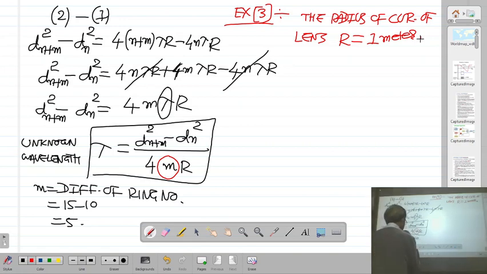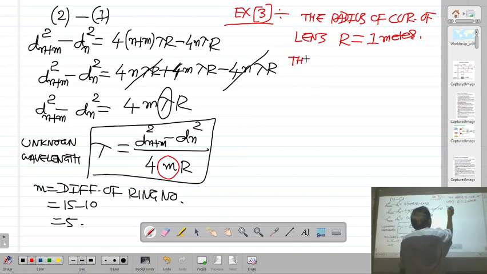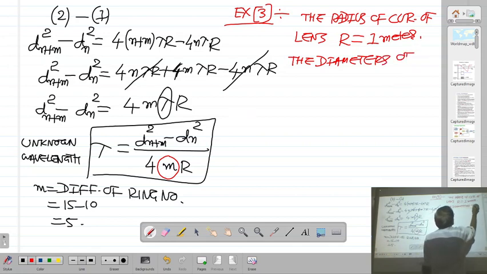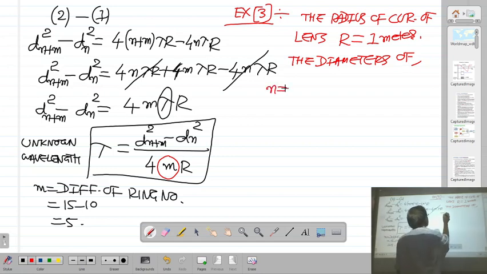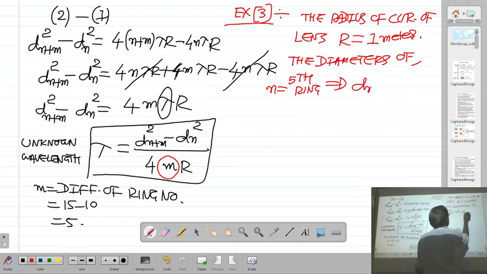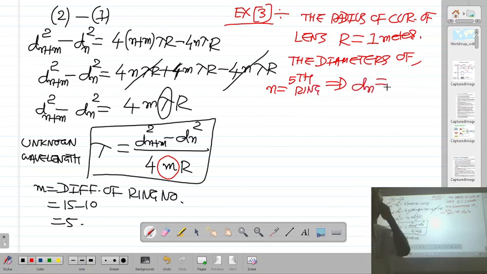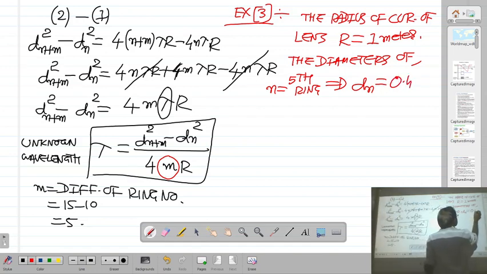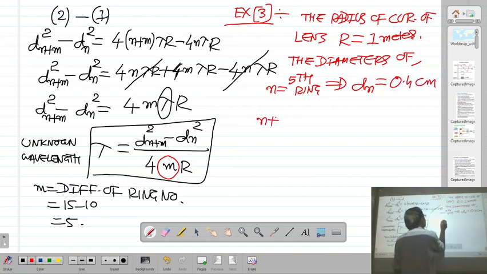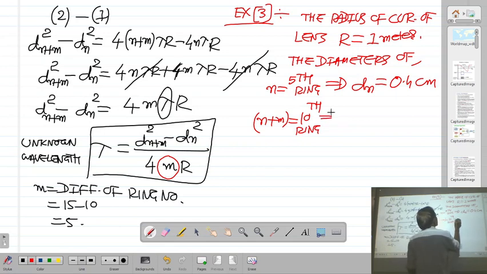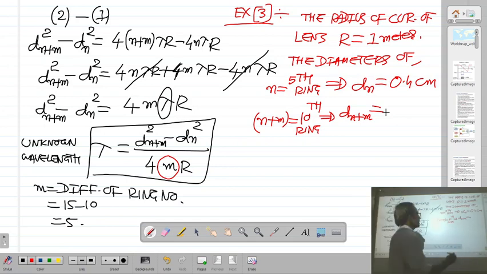The diameters of the 5th and 10th dark rings are given. For n equal to the 5th dark ring, the diameter dn is 0.4 centimeter, and the diameter of the 10th ring, dn plus m, is 0.5 centimeter.